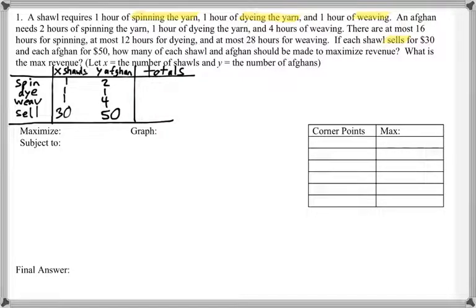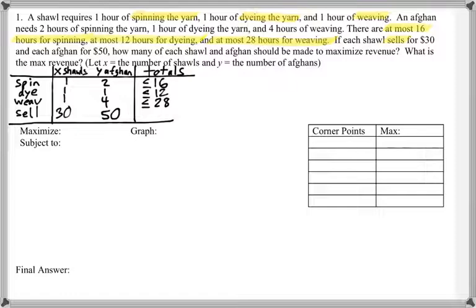We know that there are at most 16 hours for spinning. So this has to be less than or equal to 16, because it can be at most 16. There are at most 12 hours for dyeing, so this is less than or equal to 12. There are at most 28 hours for weaving, so less than or equal to 28.